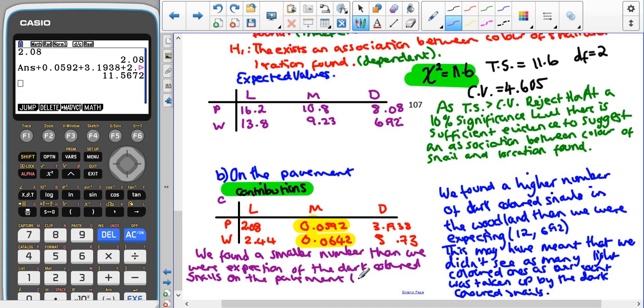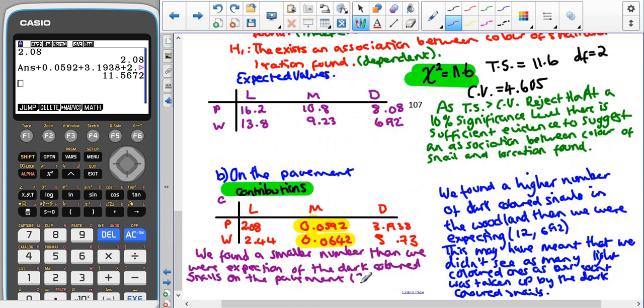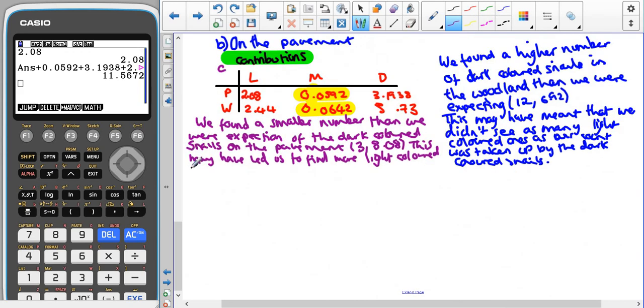So we were expecting, we actually found 3. And we were expecting to find 8.08. So this may have led us to find more light coloured snails.